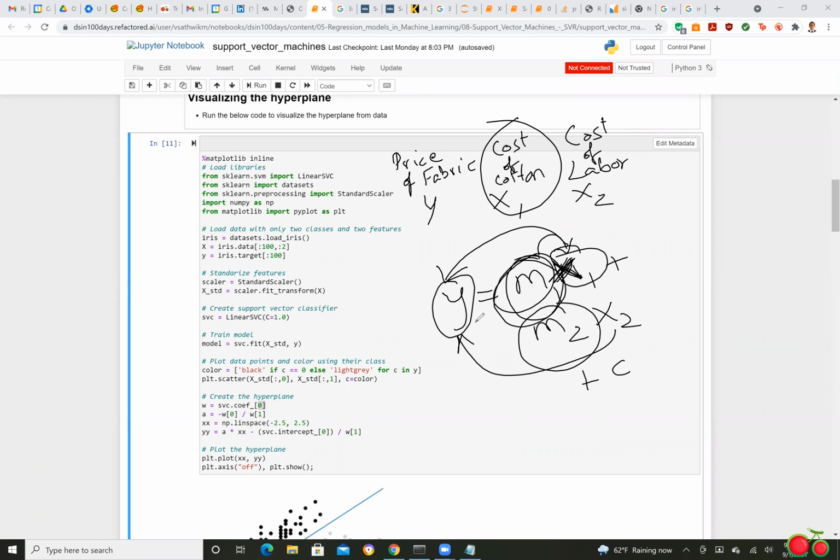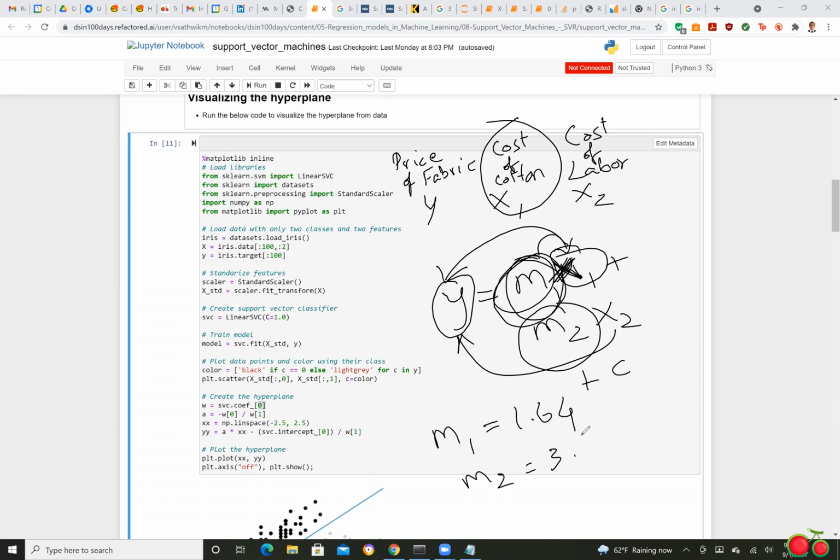So let's say, for example, cost of cotton has a certain influence, but cost of labor is much more expensive. That's why the price at which I'm willing to sell my fabric depends a lot more on cost of labor than the cost of cotton. Let's assume that case. In that case, M1 would be something like 1.64, and M2 could be something like 3.56.